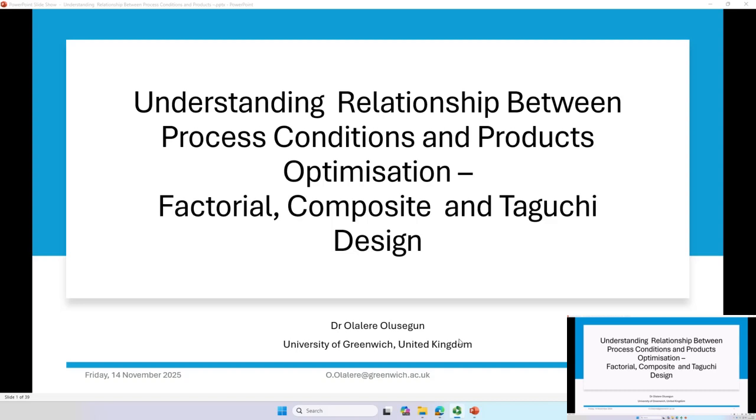And most companies require people to understand DOE, that's design of experiment, because they use it most of the time for quality control, product development, and parameter optimization. As simple as it is, some people are getting jobs.